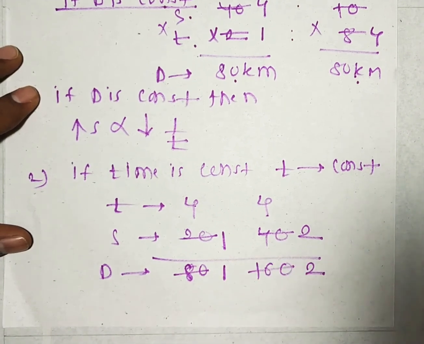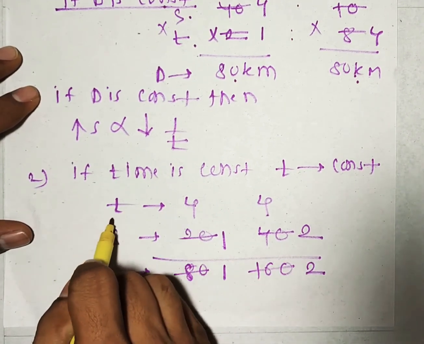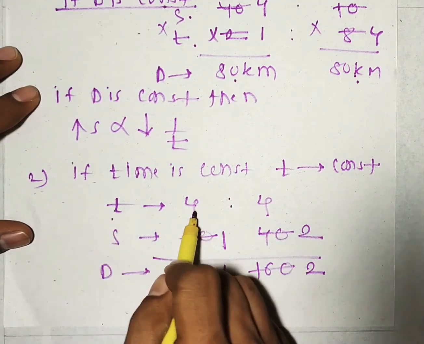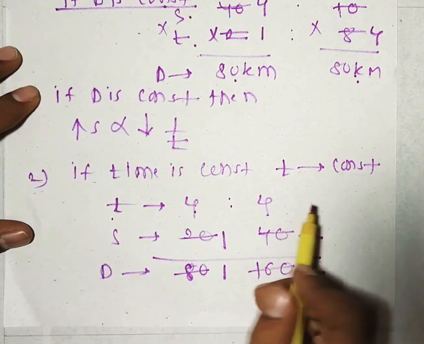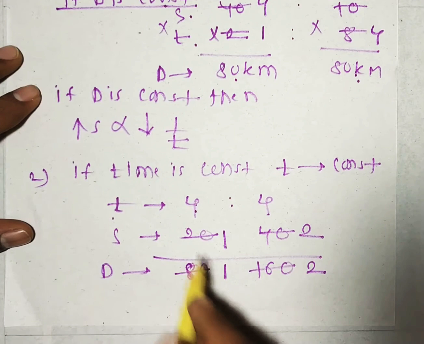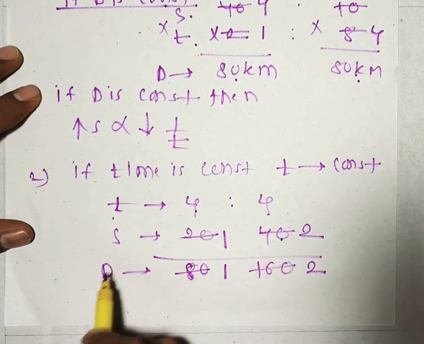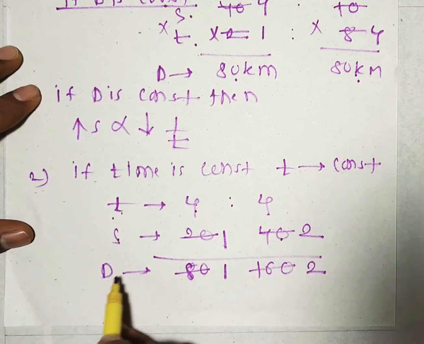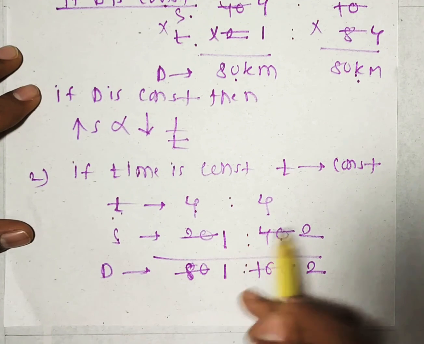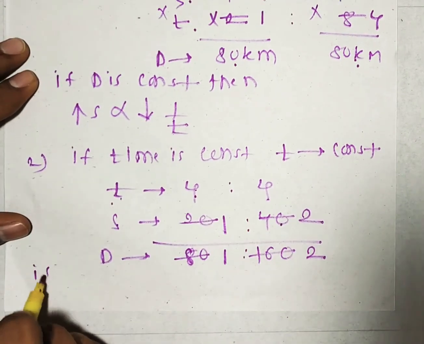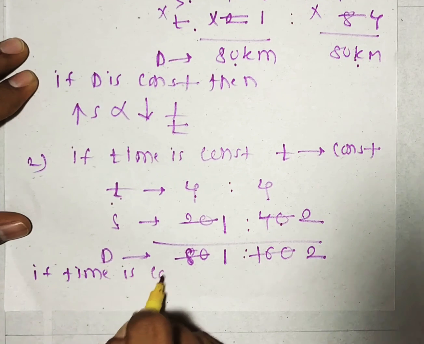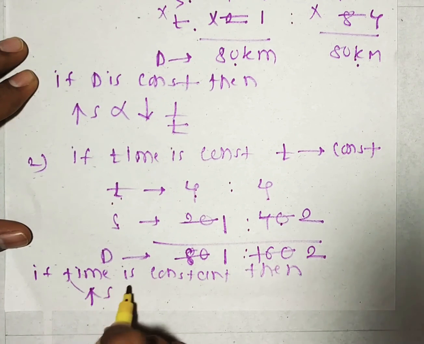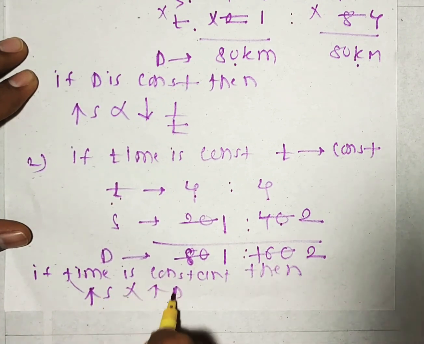Observe carefully here. Time is 4 in the first scenario, and in the second scenario time is also 4, which means time is constant. Then speed is 20 and 40, and the distance is 80 and 160. This means if time is constant, the speed and distance ratio is 1:2. From this we came to know that if time is constant, then speed is directly proportional to distance.